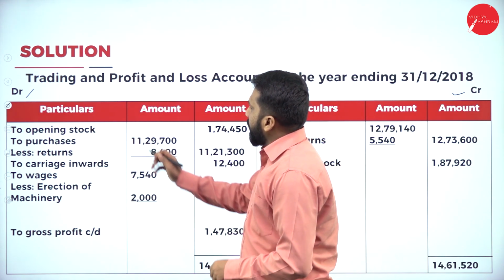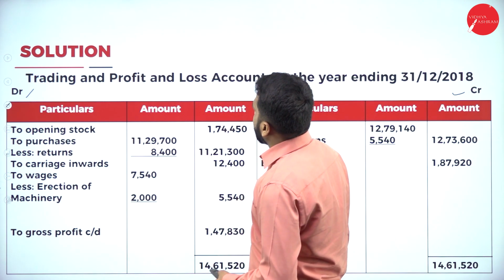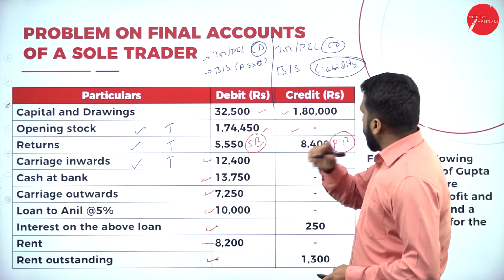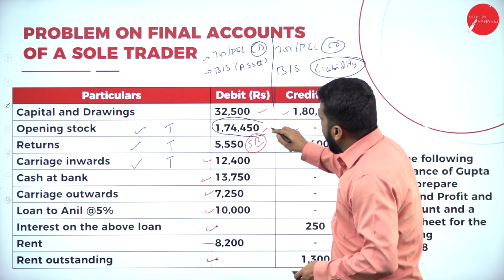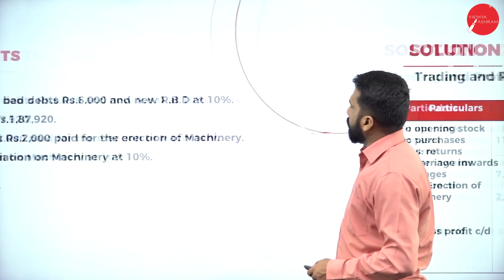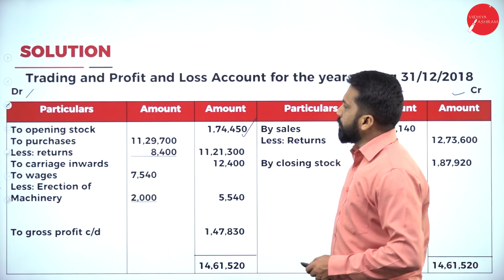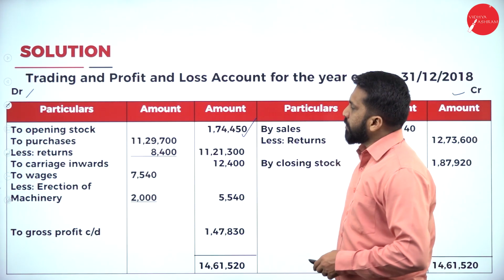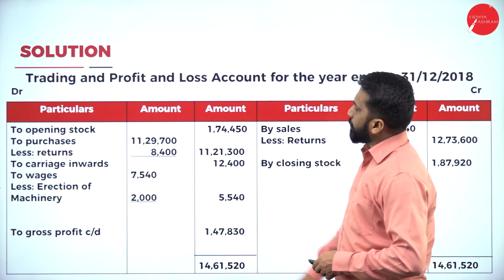Now, where is opening stock? Your opening stock is 1,74,450. Over. Next, purchases.